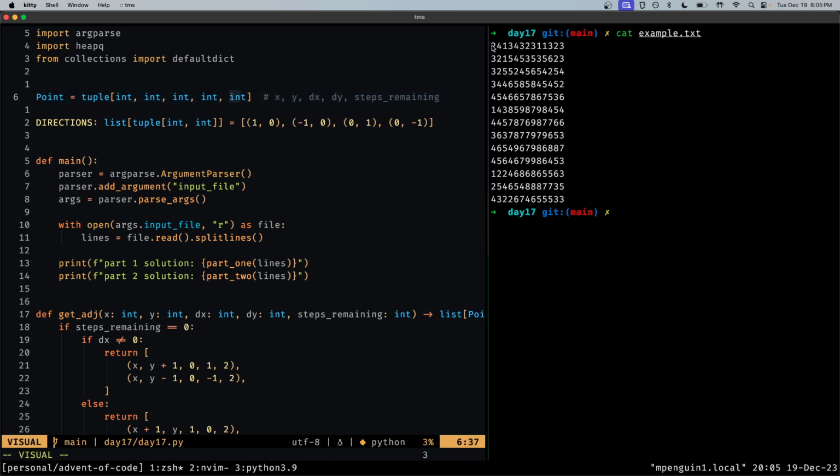So for example, the third and fourth would be the velocity in the x direction and the velocity in the y direction.